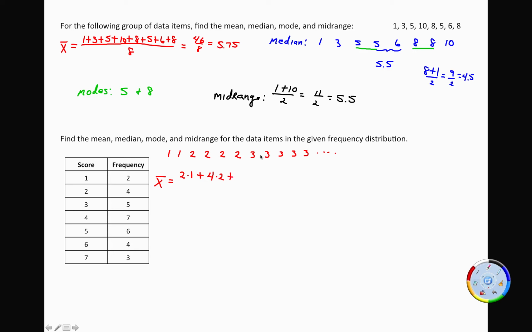And instead of having to say 3 plus 3 plus 3 plus 3 plus 3, I can say 5 times 3. And since there are 7 4s, instead of adding that together, it's the same thing as multiplying 7 times 4. There are 6 5s and 4 6s and 3 7s.